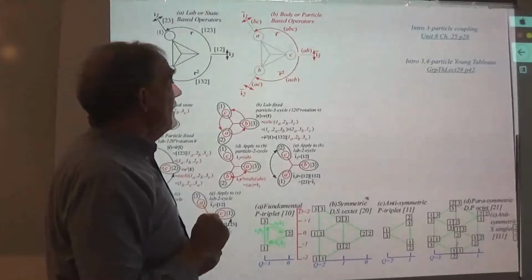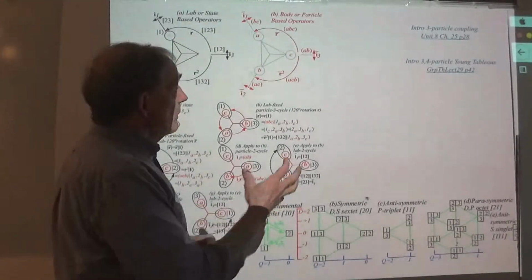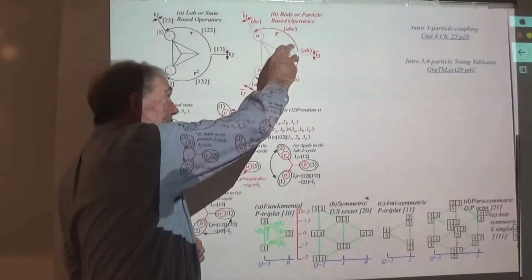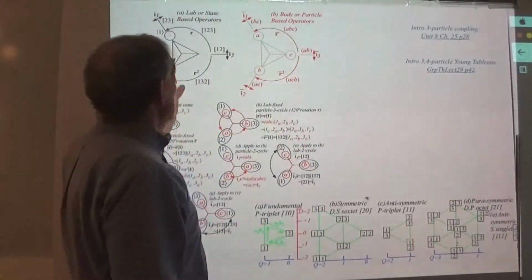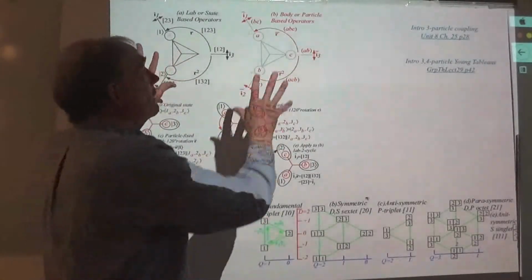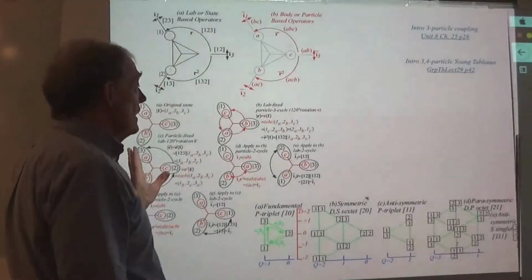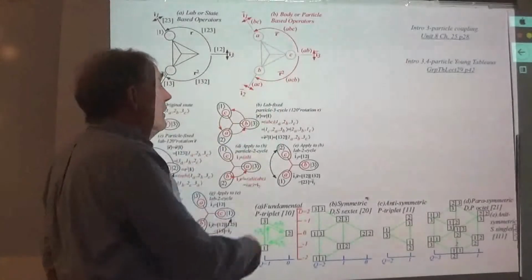So that's the game we're going to be playing here, is we're going to have operators that are defined by what the particles are doing with respect to each other, and then we'll have another game that's completely equivalent to this one about how the states can be moved around, and in both cases it's possible to linear combine.